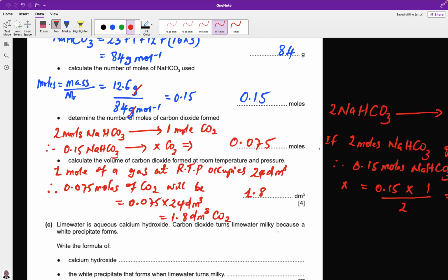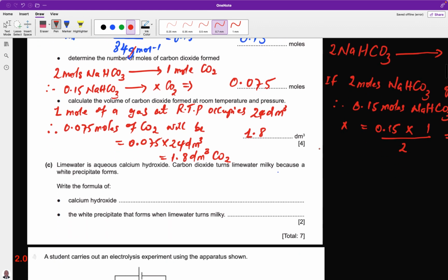Therefore, 0.075 moles of carbon dioxide will be 0.075 times 24 dm cube, which will give us 1.8 dm cube.